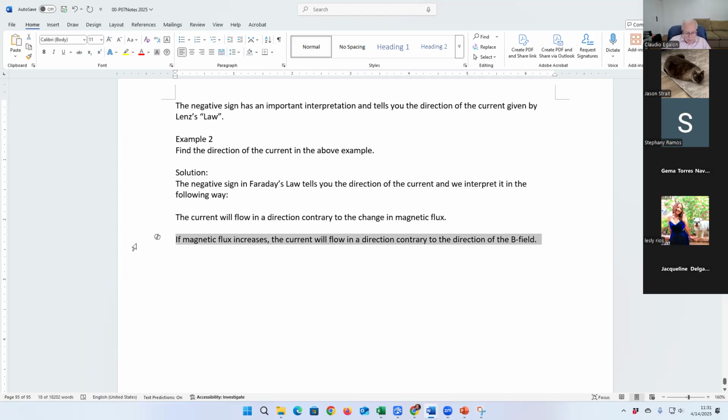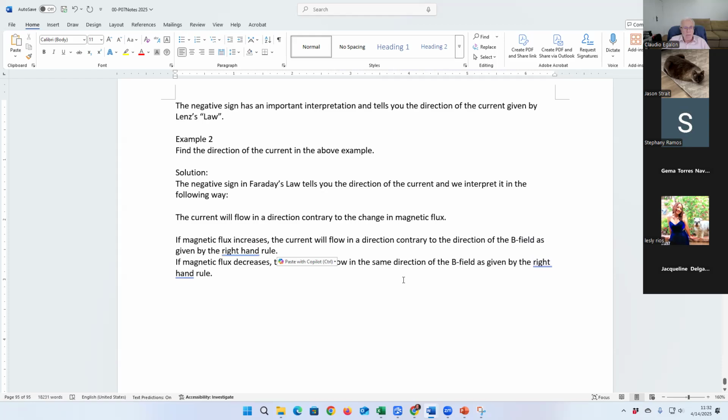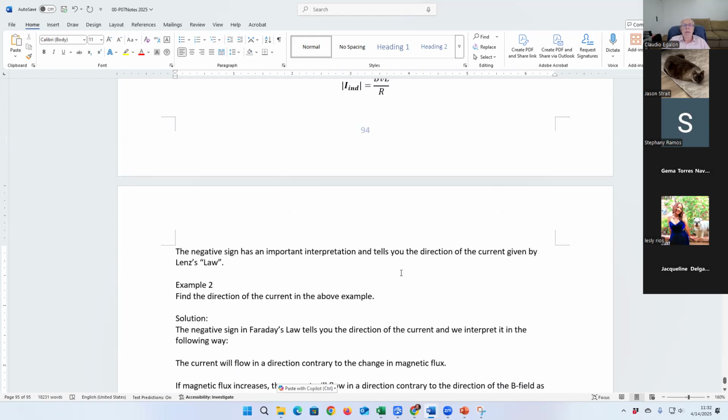Okay, now the other one is if the magnetic flux decreases, the current will flow in the same direction of the magnetic field. And by the way, as given by the right hand rule. Okay? Gotta put that in both. Right hand rule. So let me show you how we do that.